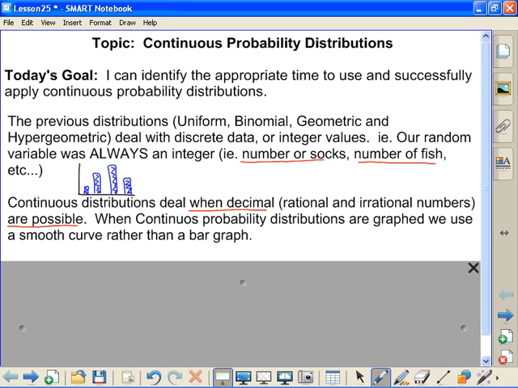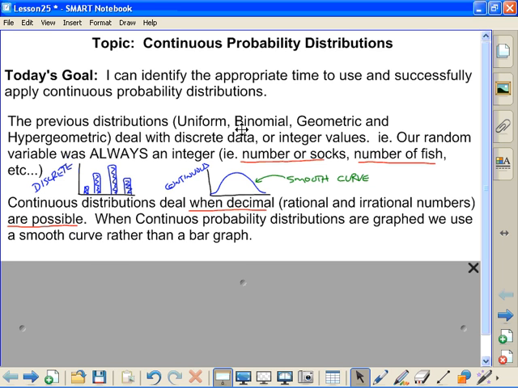That was for discrete. When we move to continuous, we're no longer going to use bar graphs. It's going to look something like that. Now we're going to use that smooth curve, and I'll show you where that option is, or you're just going to do it manually depending on the application.